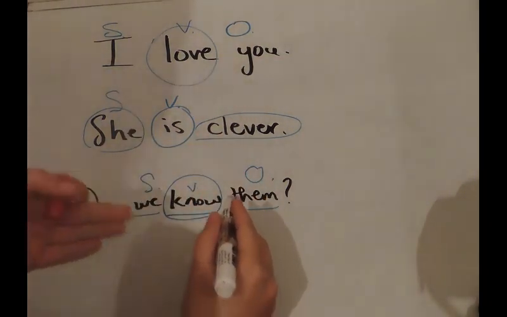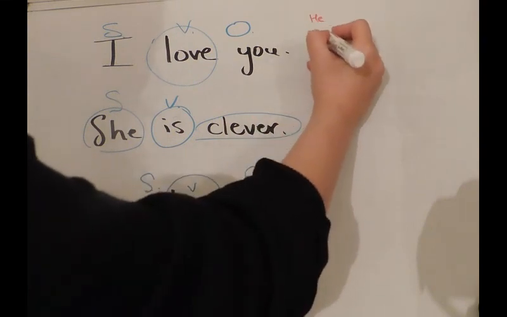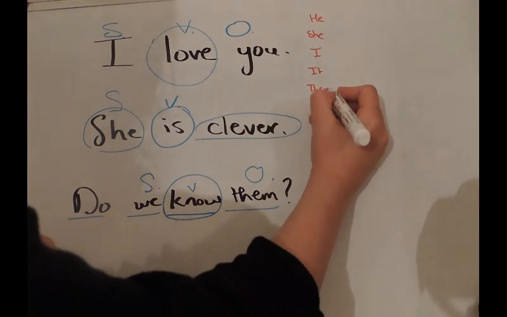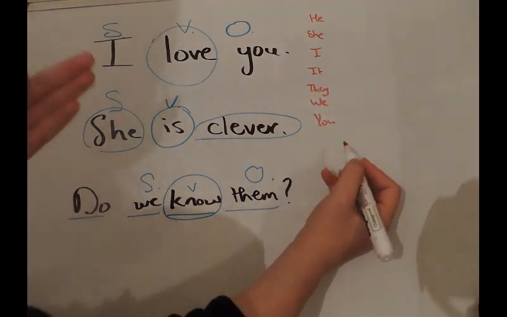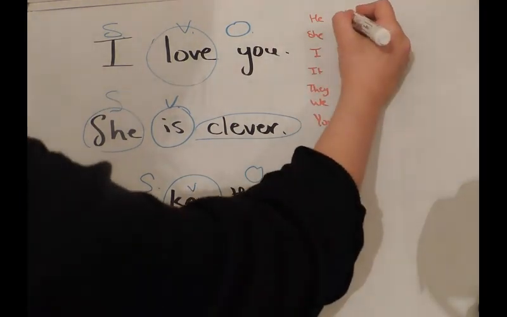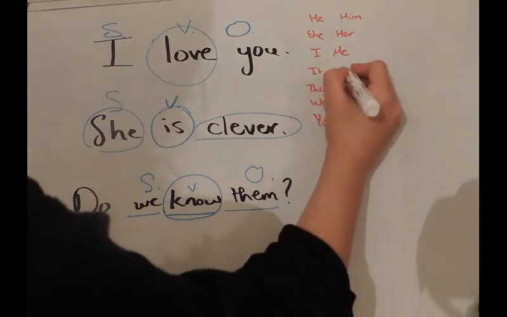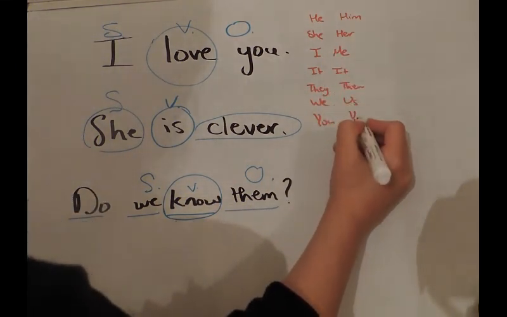In the first column, I wrote he, she, I, it, they, we, and you. In the second column, him, her, me, it, them, us, and you.